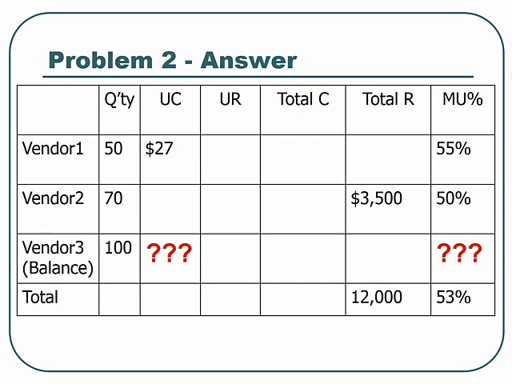The best way for us to get to those question marks would be taking a look at each row one by one. Try to see the vendor 1 row first. Given the pieces of information that we already have, can we figure out the remaining cells that are blank right now? Think about it that way, and then take a look at the vendor 2 row, and then vendor 3's and the total.